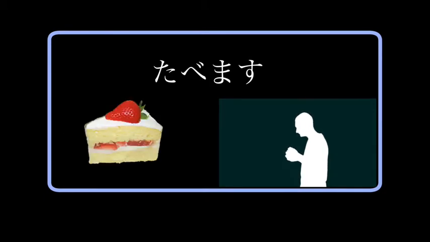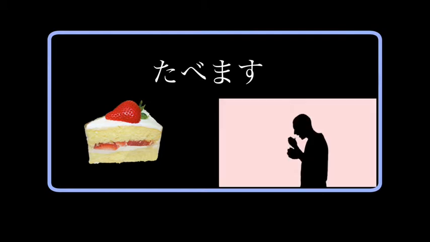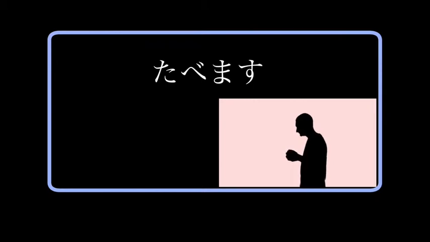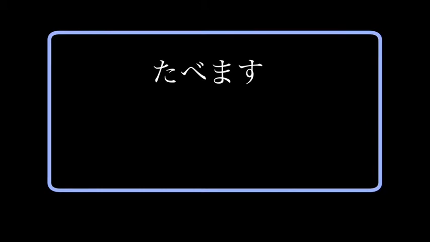Keiki o tabemasu. I eat cake. Of course, we can advise who is doing the action by putting their name with wa before that. But very simply, keiki o tabemasu would mean I eat cake. Tabemasu, to eat.